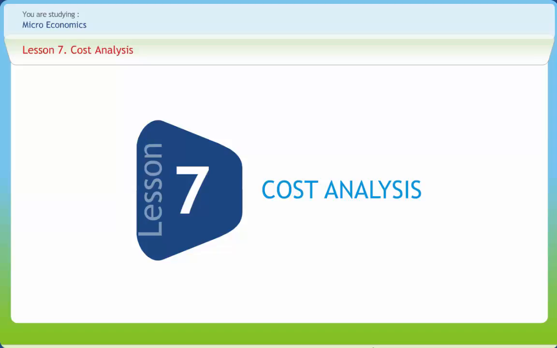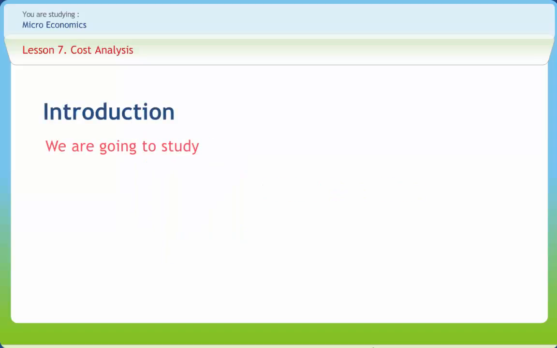Cost analysis. So firstly, we should know the meaning of cost analysis. Cost analysis is made up of two words, cost and analysis. Cost is the value of money that has been used up to produce something and hence is not available for use anymore.